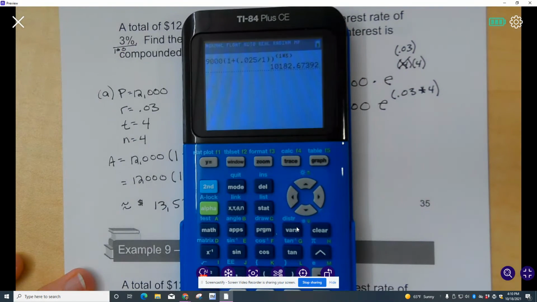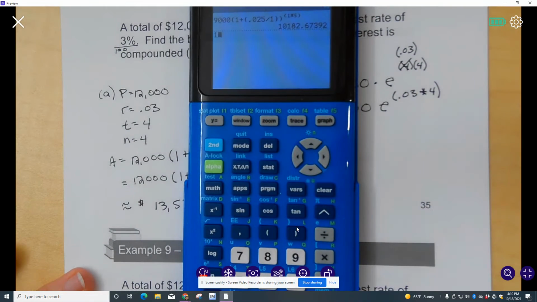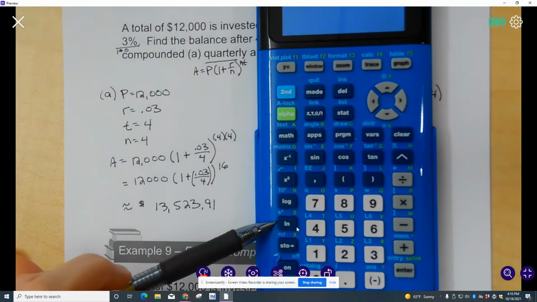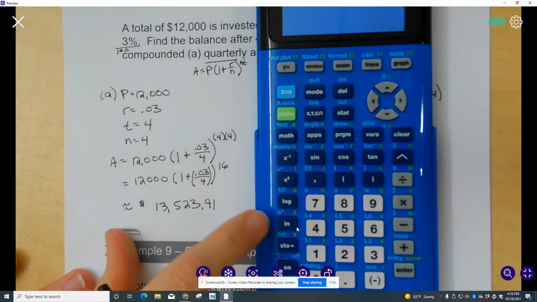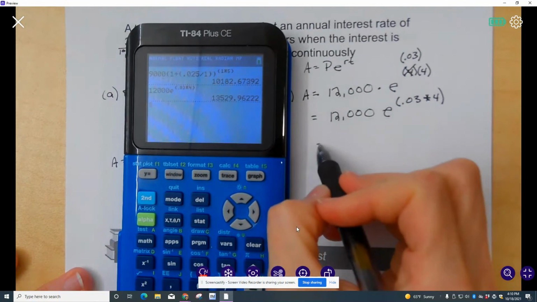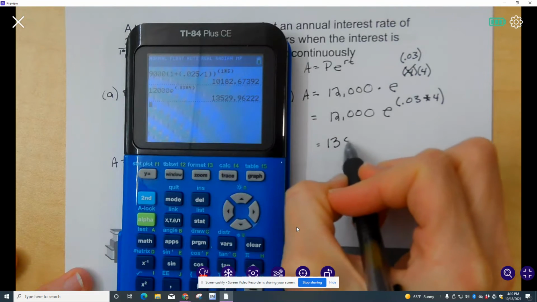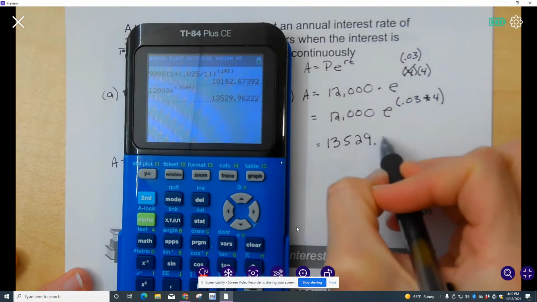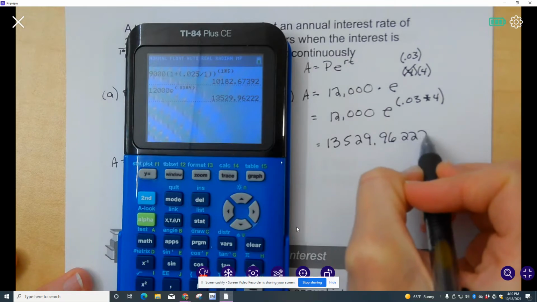So let's just make sure we know how to do this. So 12,000. And then I'm going to do my second natural log. And there's my e to the 0.03 times 4. And I get 13,529.96222.